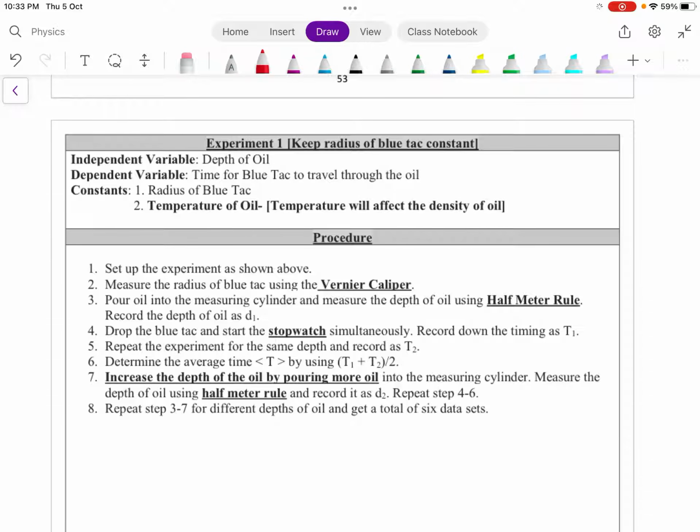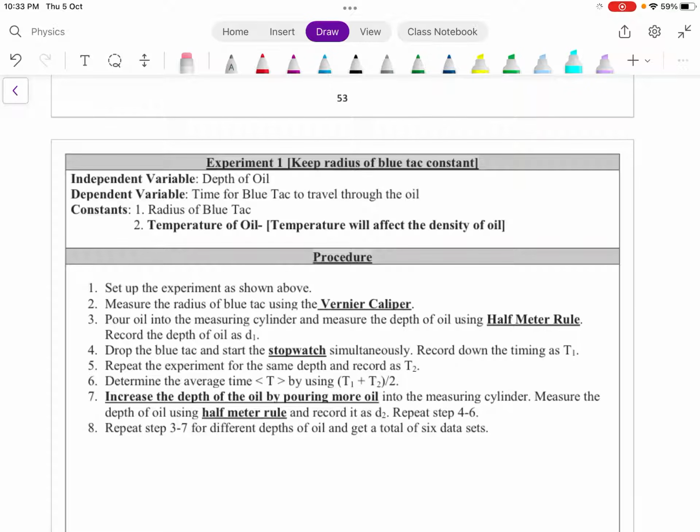What are the constants, meaning the control variables? Minimally, try to write two. The first one will be the radius of the blue tag, because I change the depth of the oil, meaning I must keep the radius of the blue tag constant. The second will be the temperature of the oil. How do I know the temperature of the oil will be one of the controlled variables? Apparently, last year in question 2, the very first part, they actually asked us to measure the temperature of the oil.